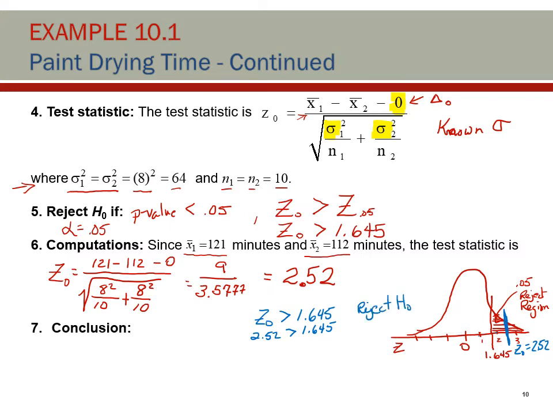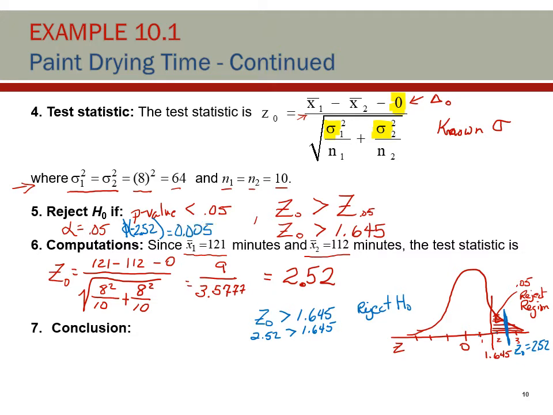Now, just to make sure we also get our p-value in here, the p-value, we don't multiply by 2 because it's a one-sided test, and we're just going to look up in the normal table the value of 2.52. Now, we can look up the positive 2.52 and subtract it from 1, or we can look up the negative 2.52 and it'll give us the small area on the table. And when we look that up, we get a p-value of 0.0059.